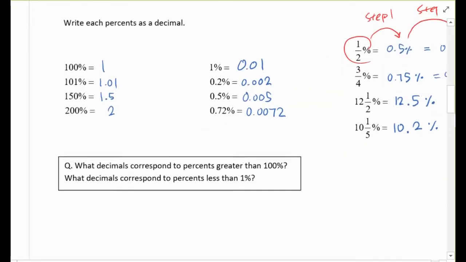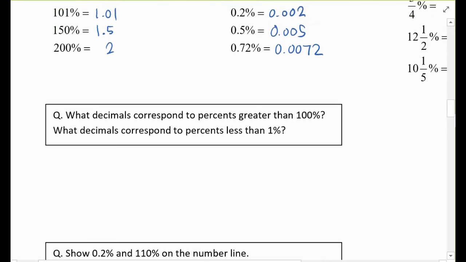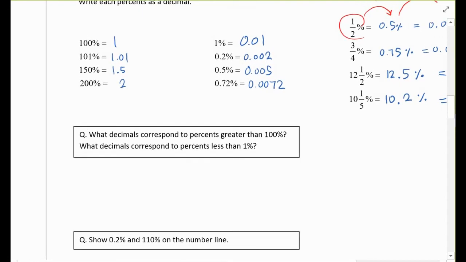Alright. So what decimals correspond to percent greater than 100%? Okay, so if you look at this, those are over 100%. And the decimal numbers are greater than one.